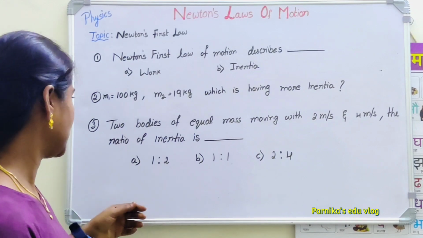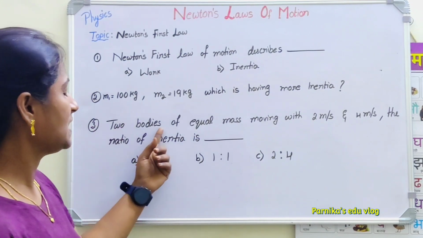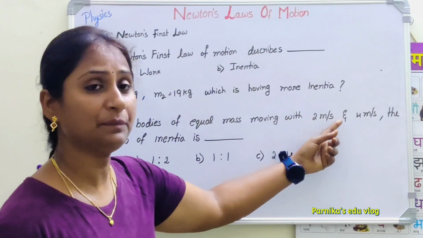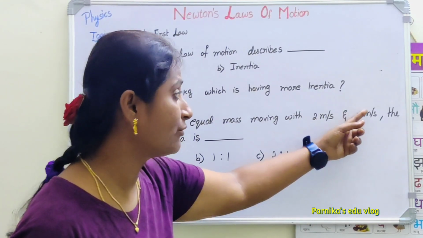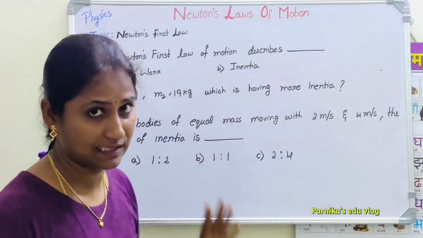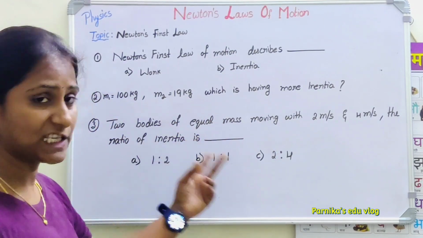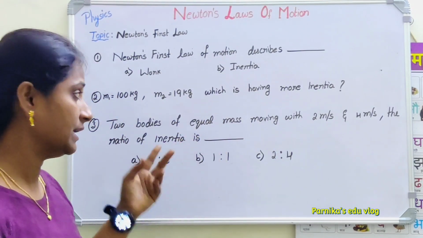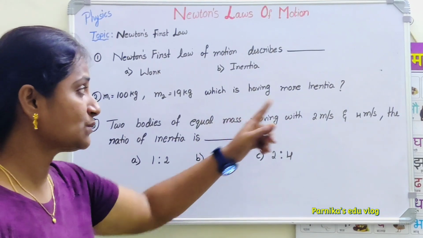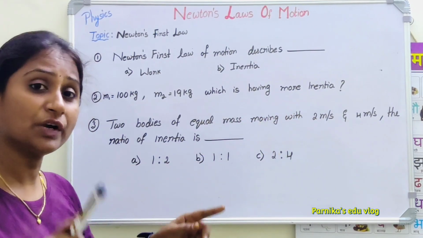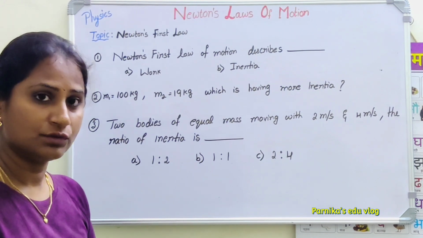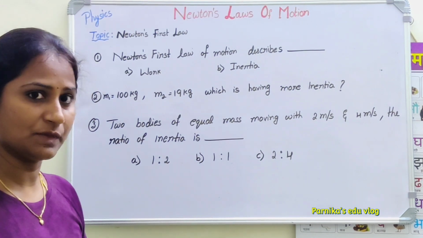Next, two bodies of equal mass moving with 2 meter per second and 4 meter per second. The ratio of inertia is. So the explanation of this third question is, there are two bodies, and those two bodies have equal mass.